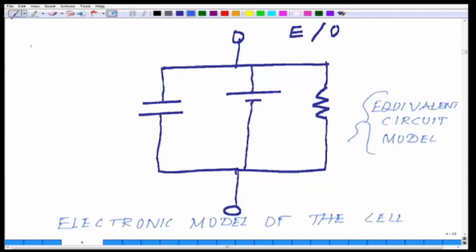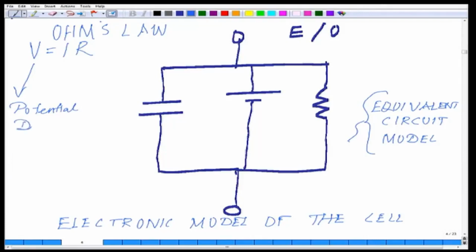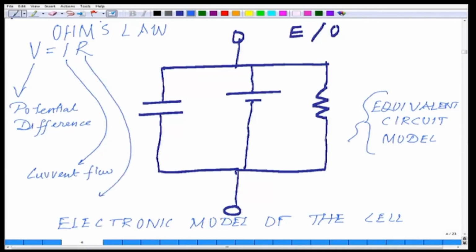And the thumb rule in this game is V = IR, Ohm's law, where V is the potential difference, I is your current flow, and R is your resistance.